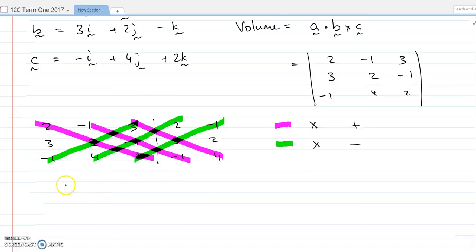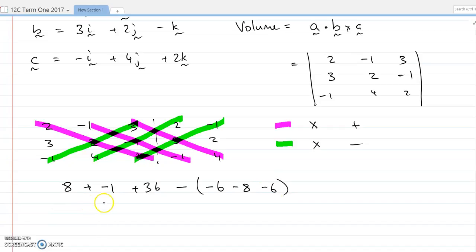So 2 times 2 times 2, I've got 8, plus the next purple, negative 1 times negative 1 times negative 1, so that is minus 1. Then 3 times, can you read that number? 3 times 4, that's 36. And then the other ones are minus them, so I'll put it in brackets, I'll minus this whole thing. Minus 1 times 2 times 3 is minus 6. 4 times 2 times negative 1, minus 8. 2 times 3 times minus 1 is minus 6.